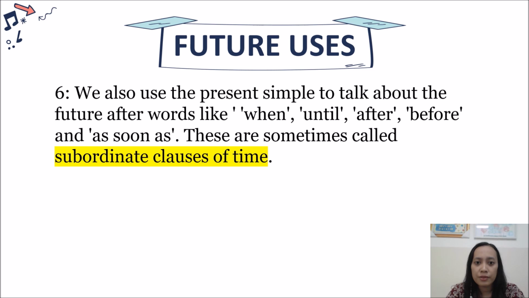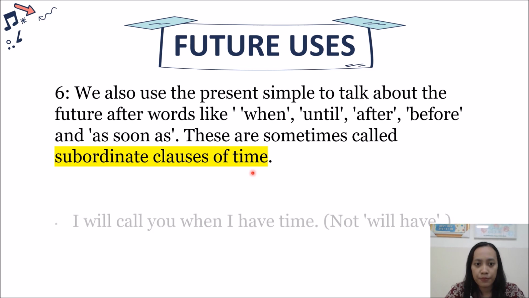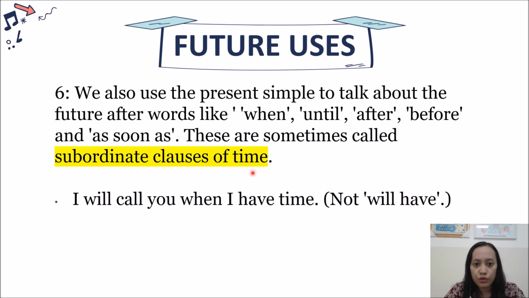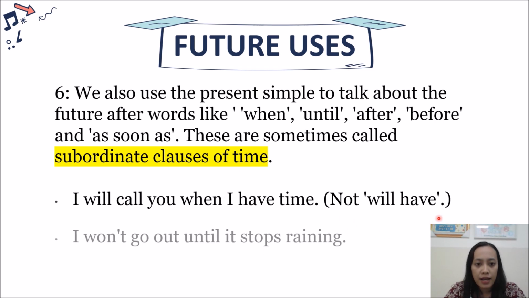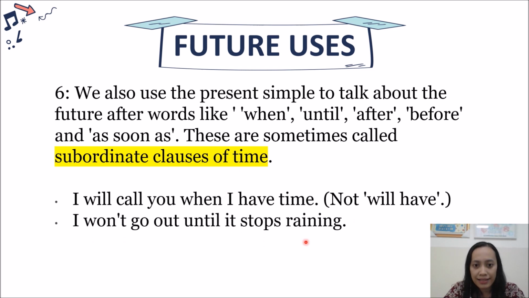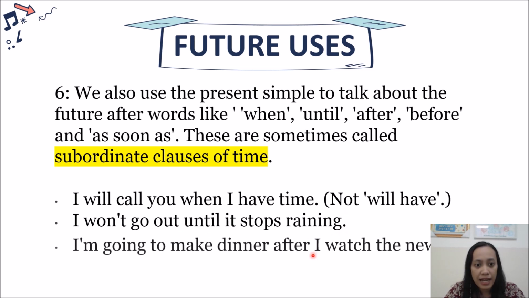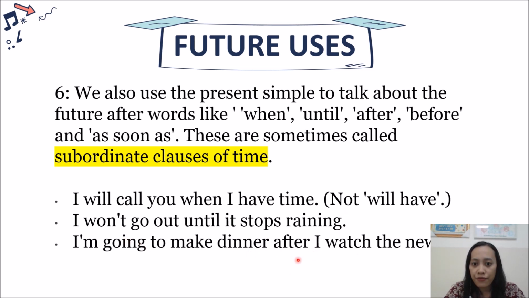Next, we also use the present simple to talk about the future after words like when, until, after, before, and as soon as. These are sometimes called subordinate clauses of time. For example, I will call you when I have time, not will have time. I won't go out until it stops raining, and I'm going to make dinner after I watch the news.